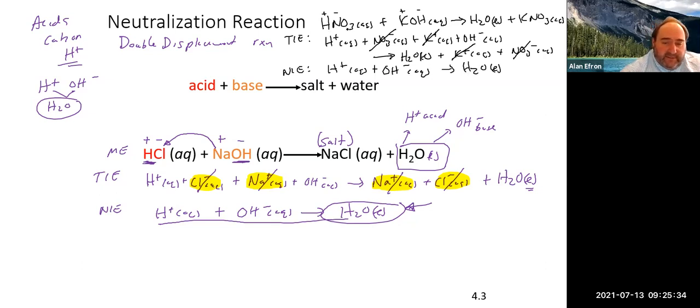So we started with different acids and bases than we did before, but you can see that we ended up with the same net ionic equation. Under the umbrella of double displacement reactions, we have precipitation reactions like we talked about, and we also have acid-base neutralization reactions. They're ultimately also double displacement reactions. Any questions on that?